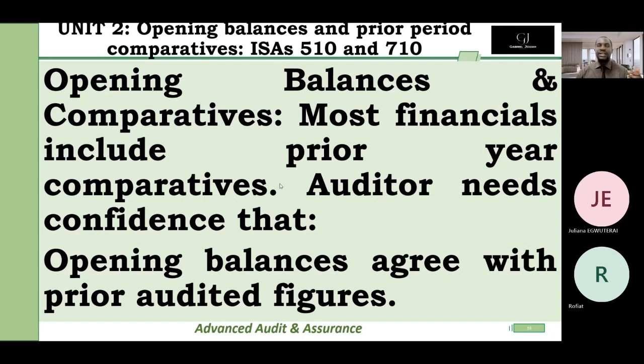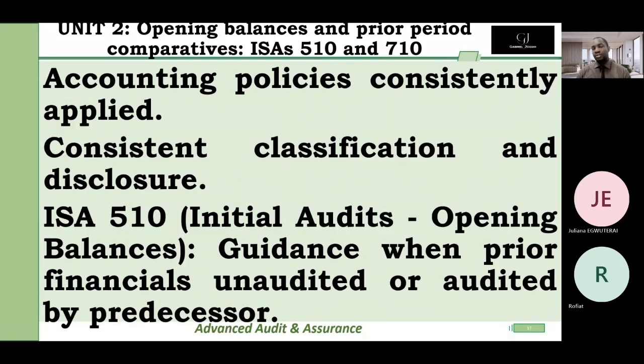Very, very important. And whatever adjustments have been made subsequent to the financial reporting date, the auditors need to be aware and duly communicated to on such adjustments. So accounting policies consistently applied as part of the comparatives, and consistent classification and disclosure are very essential.